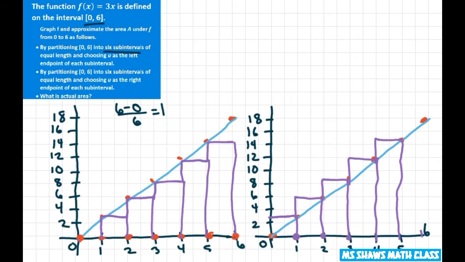And then 6, let's see if I can get that. So 6 comes down here, I can't get it very well. And then you go up here because I'm at the end of the page. There we go. So there's the difference between the two. This one is using your left endpoints, and this one is using your right.